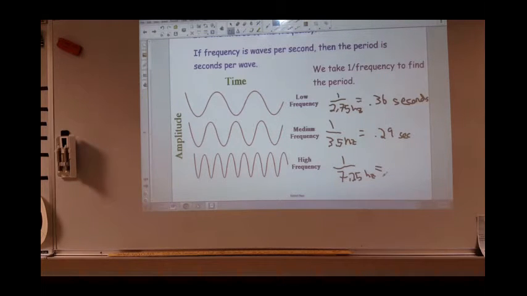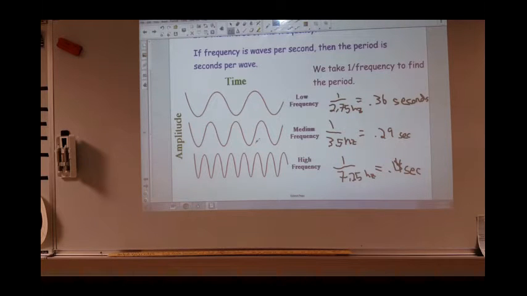And if we plug that in, 1 divided by 7.25, we're going to get 0.137, so it's actually, that's a 4. So 0.14 seconds per wave. So it takes 0.14 seconds for that to occur. So again, period is how long it takes for one wave to occur.